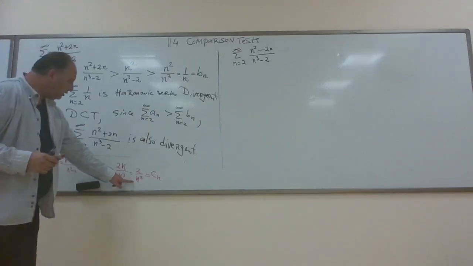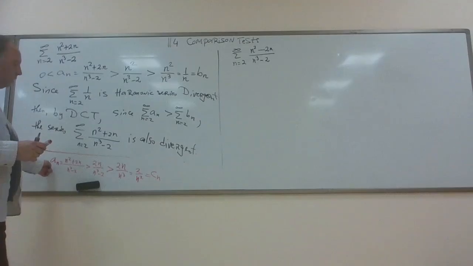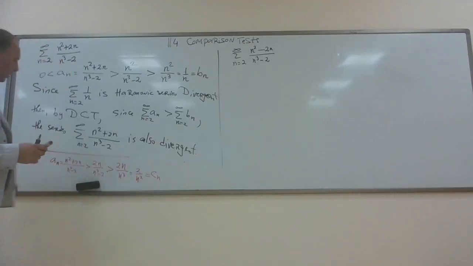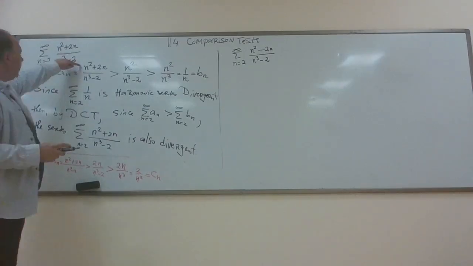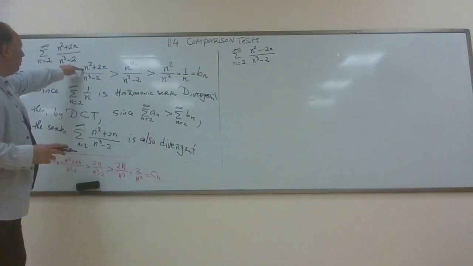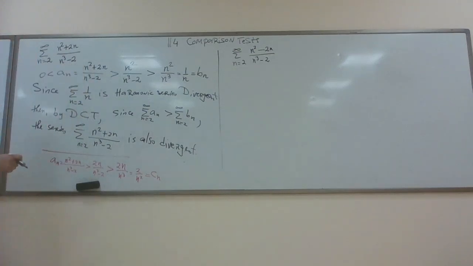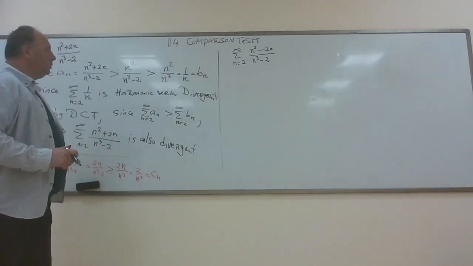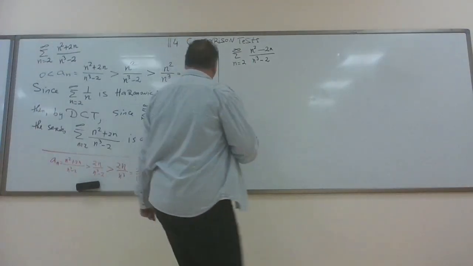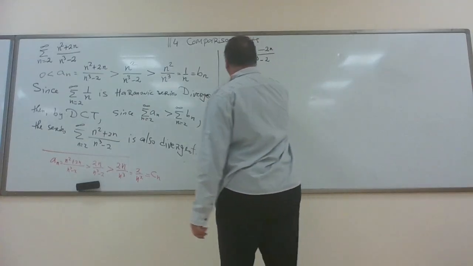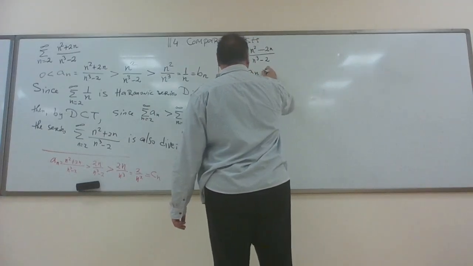The smaller series is convergent, but I don't know what's happening with the bigger series. So that's why this would not help us at all. So in general, you try to take the dominant term upstairs when you can have this type of comparison.